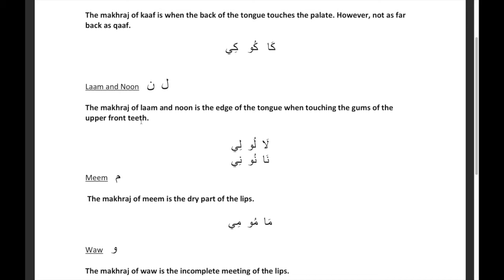Next is Lam and Noon. The makhraj of Lam and Noon is the edge of the tongue when touching the gums of the upper front teeth. So it will actually touch multiple. Remember, Ra was the upper four front teeth, while these Lam and Noon will touch multiple.